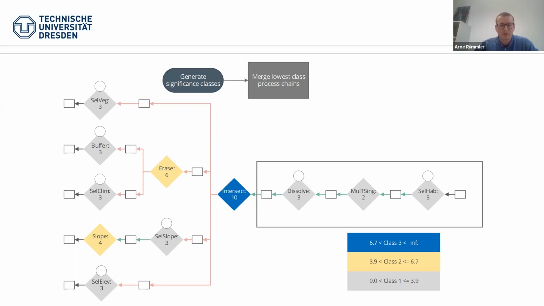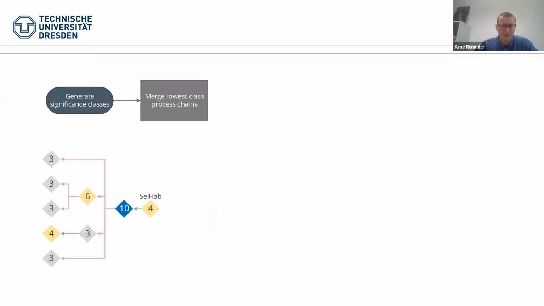So our new process will be called select habitat, which we see here. And we also calculate a new significance. Because the process has 1 input and 1 output, which I didn't depict here, and 2 parameters, we get a complexity of 4, and a selection belongs to level 1.